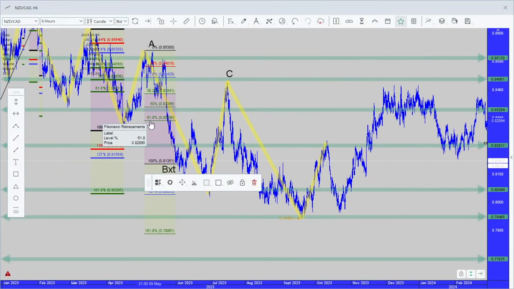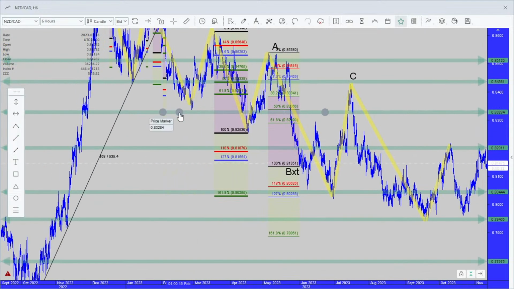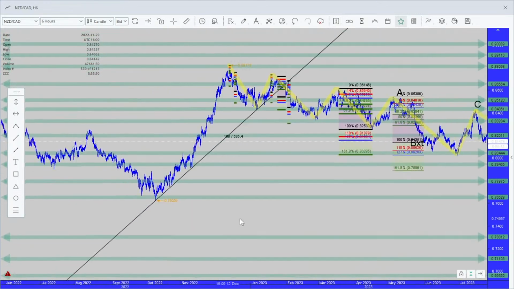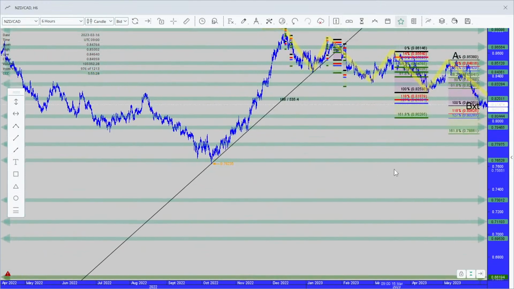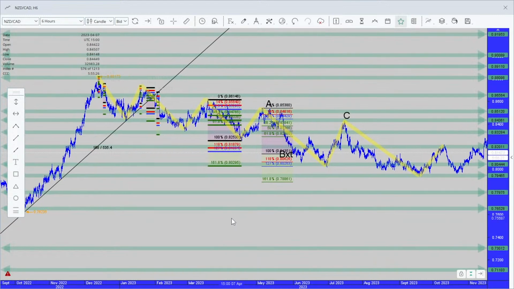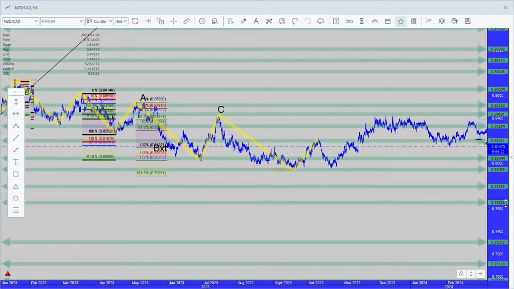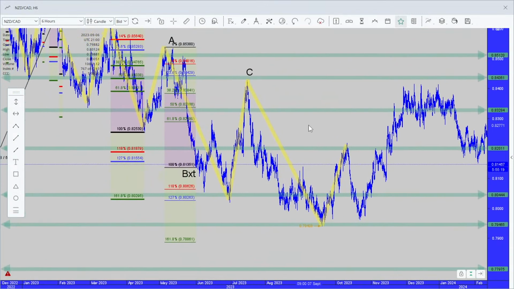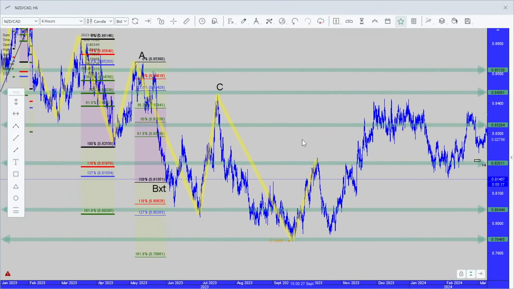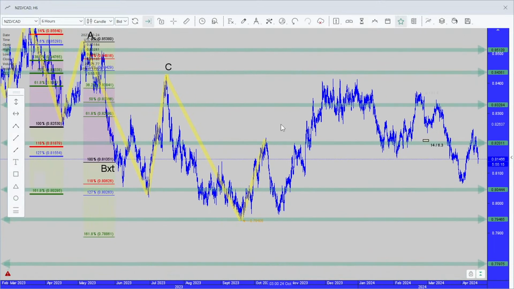Give me a second, let me see if I save this one. So I need to save it first. Original Fibonacci, save. Do we have a contrarian somewhere? No, not in here at least. All right, everybody, so this is the NZDCAD 4-hour Fibonacci.